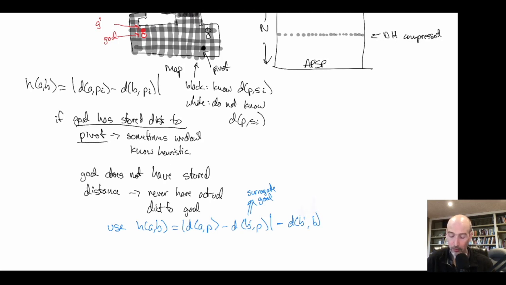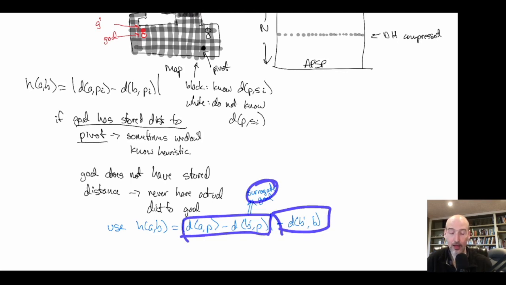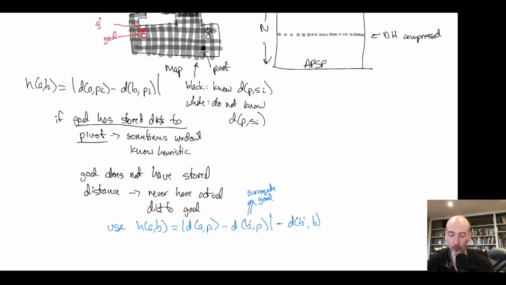And when I want to compute a heuristic to the goal, I'm going to compute the heuristic to this surrogate goal and then subtract this distance, which will recover an admissible heuristic to the actual goal. So this is almost like the triangle inequality being applied a second time, given that we're using a secondary goal.